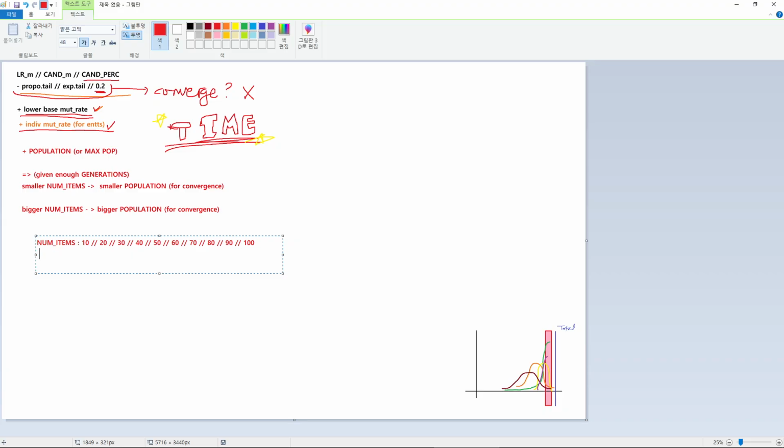And then for the population size, which is pop size, and also in this case the maximum population, which was 1.0 times pop size. You just keep that in mind.